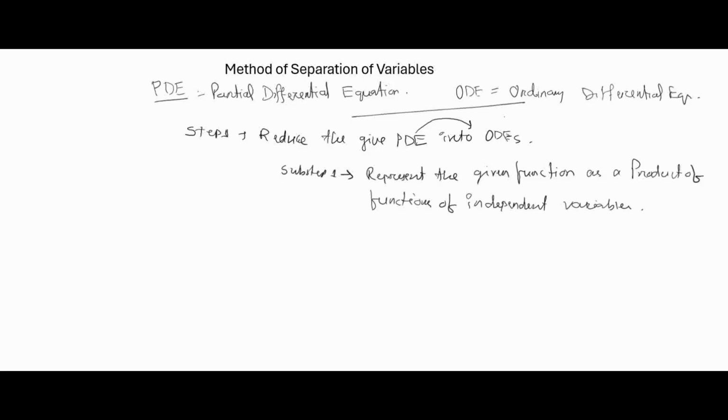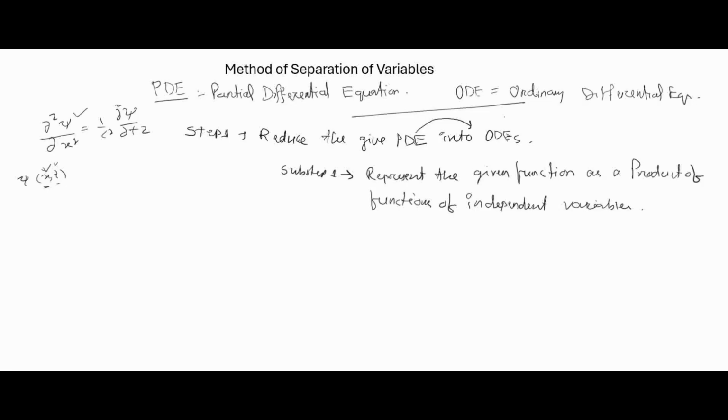Suppose we have an equation like del square psi by del x square is equal to 1 by c square del square psi by del t square. So here we can see the function psi is a function of x and t. How can we represent these x and t variables?